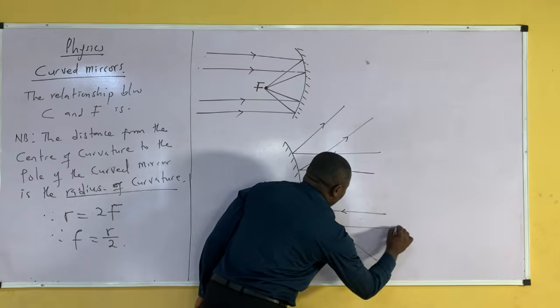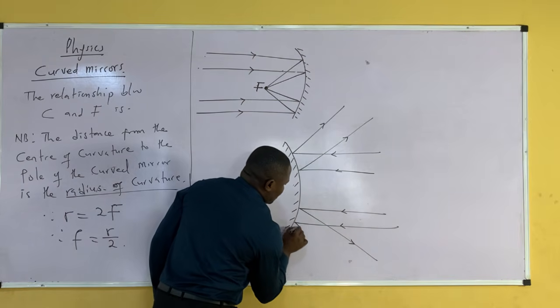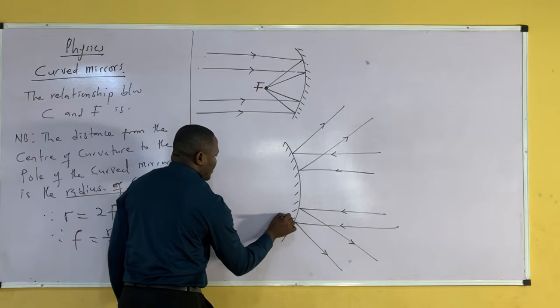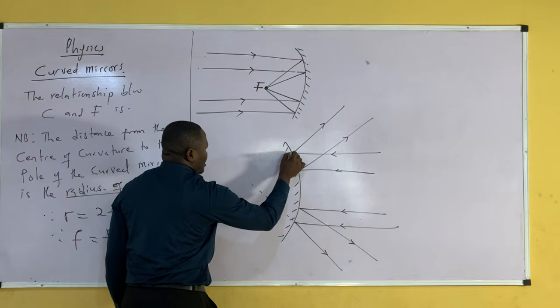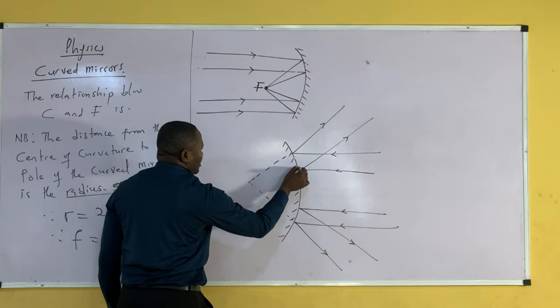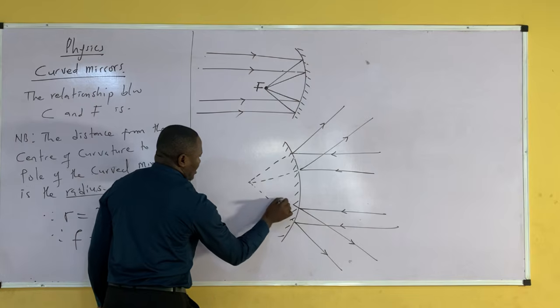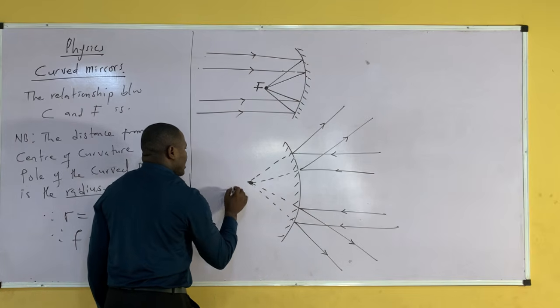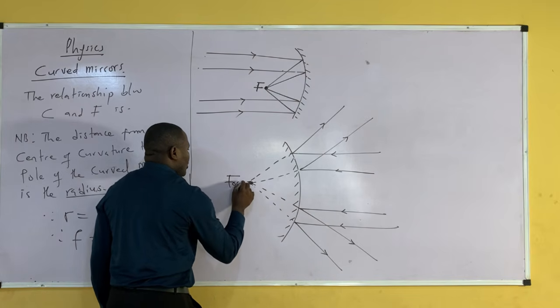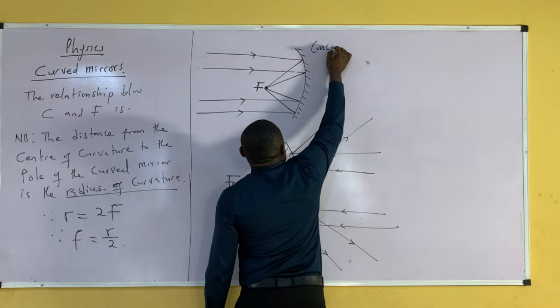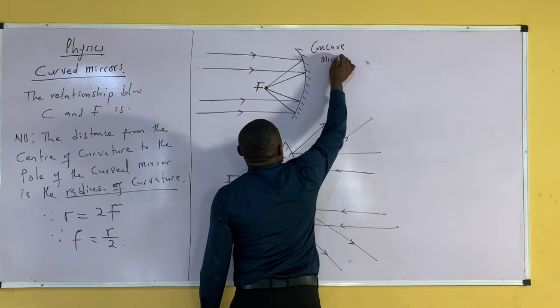Now, what do we now have? We now have rays of light coming like this, and this coming like this. This is now called the focus. Remember, this is for a convex mirror.